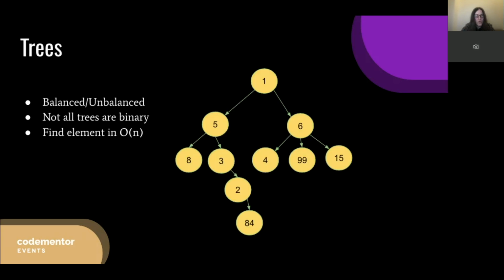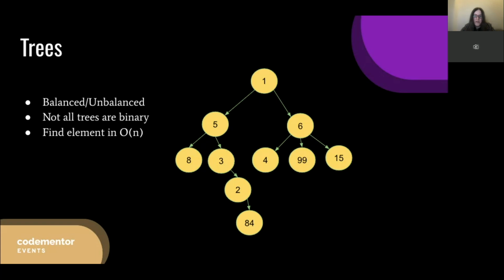next thing we are going to talk about is trees. I put here this ugly tree just as a reminder that when in the task we are talking about a tree, not all trees are balanced by default, and not all trees are binary.